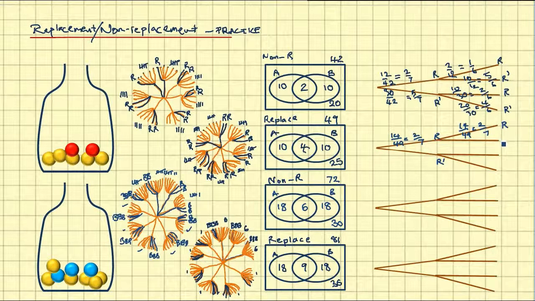So this branch here now is going to be if you don't pick a red, so no red here, so you've got 10 plus 25, so that's going to be 35 out of 49.